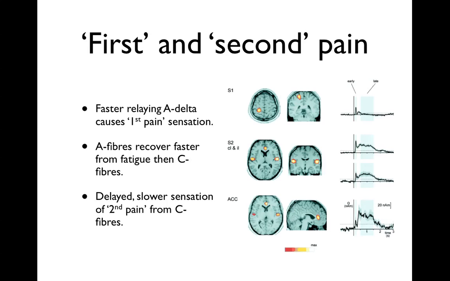So the slower build-up of the C fibers is much more about the emotional aspect and a homeostatic role of pain perception rather than just local discrimination.